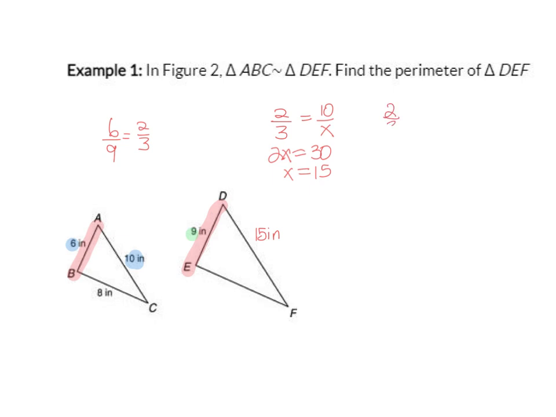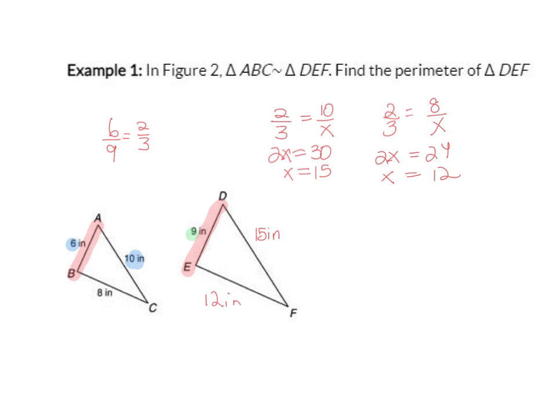Now I can keep the 2/3 right there, and now if I look over here, I see that I have this as 8 inches, and that is going to be proportional to this side over here that I don't know, but I can put the 8 over here and the x here. That is going to give me that 2x is equal to 24, which is x is equal to 12, which then gives me the third side of that triangle.